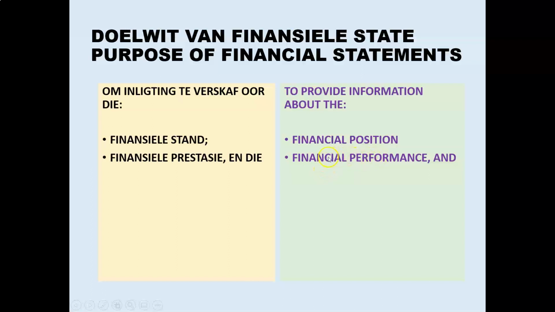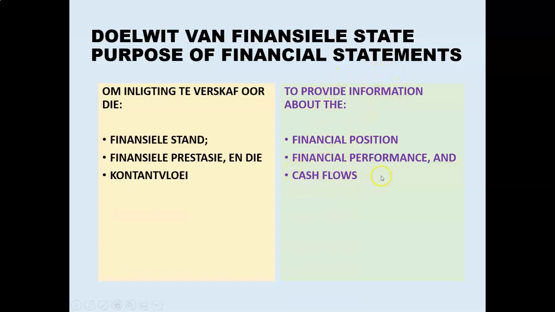So that is how well the resources of the entity, which is represented in the statement of financial position, have been used by the entity in the last financial period in order to maximize the returns that we've earned by utilizing those resources.